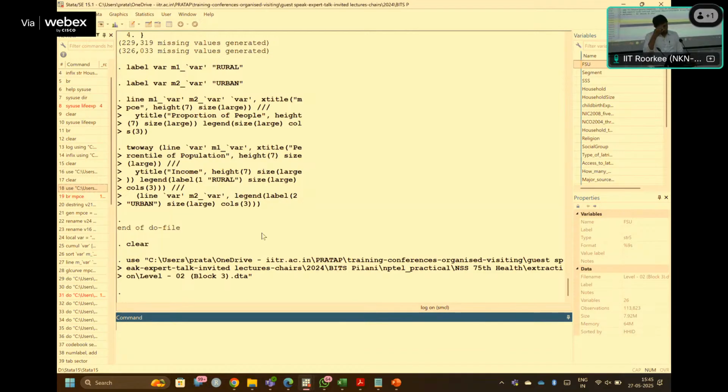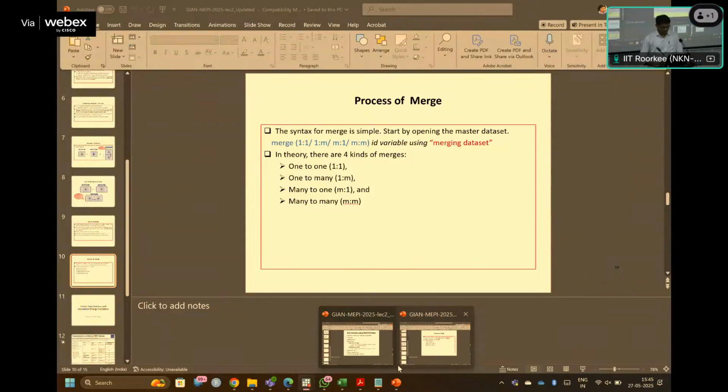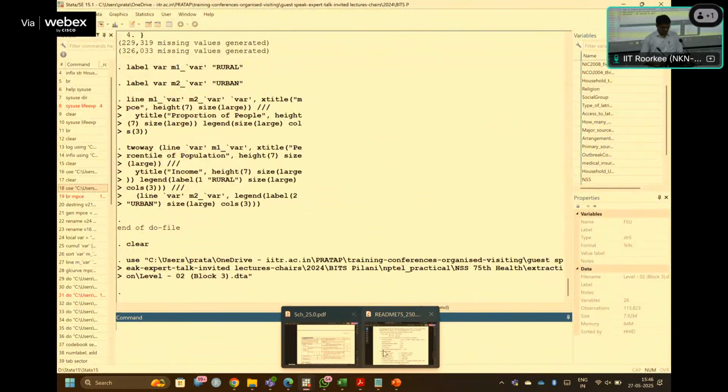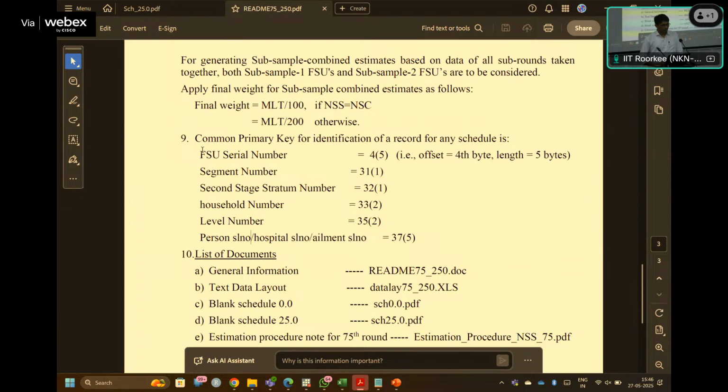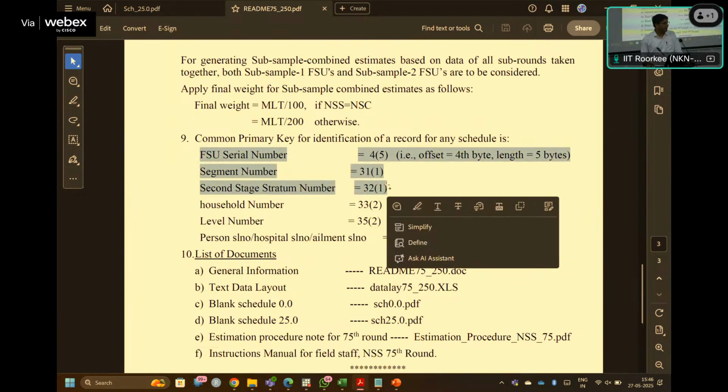So level number 2 is carrying household information, and we need to define, as per the instruction given through the README file, whether these variables are uniquely identified or not. We need to check several times.